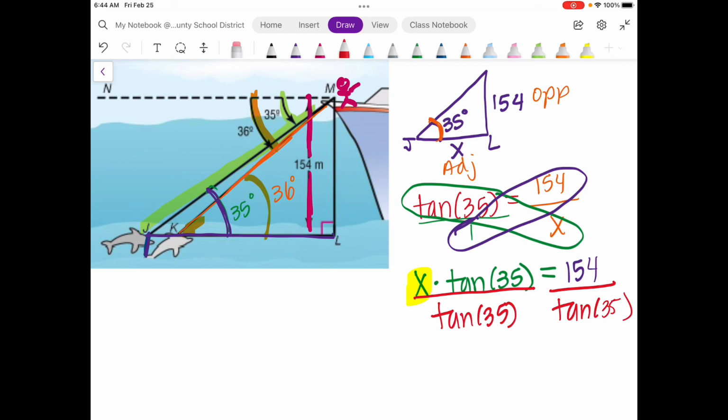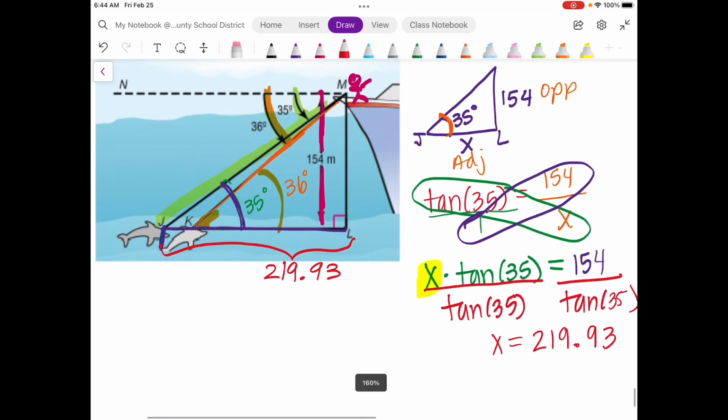When I solve for x, typing 154 divided by tangent of 35, I get 219.93. So what we just found, JL, the distance from here to here, is 219.93. That's the first part.